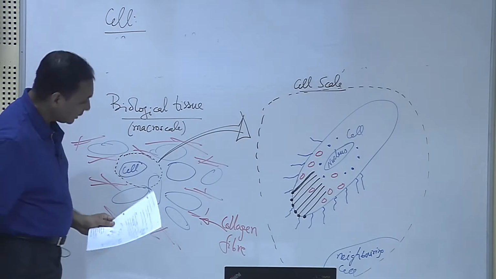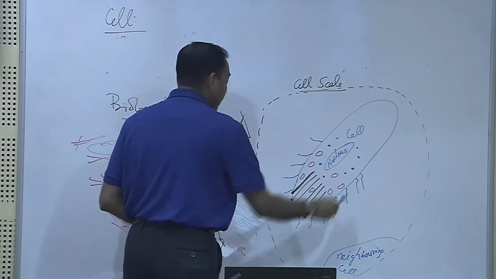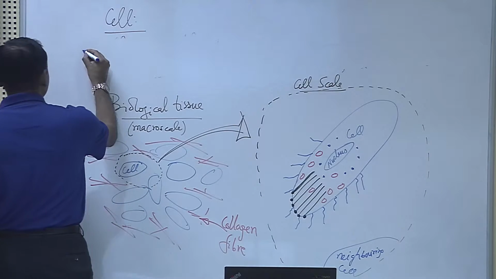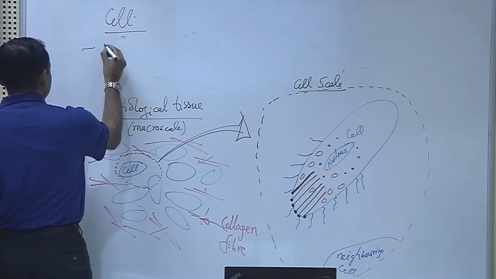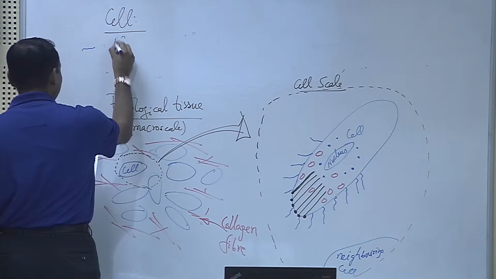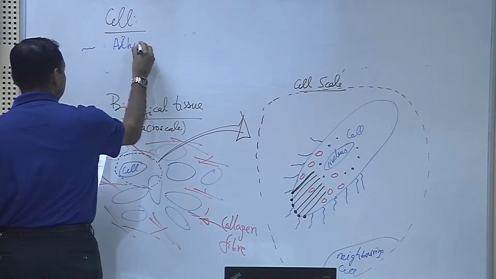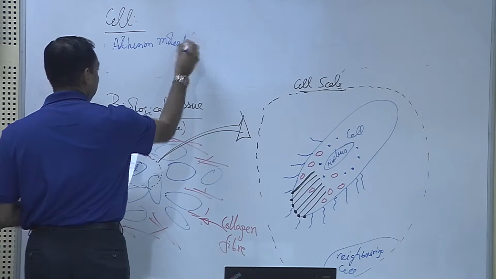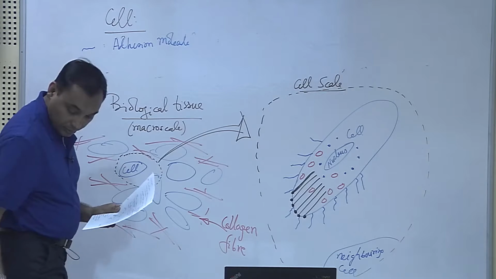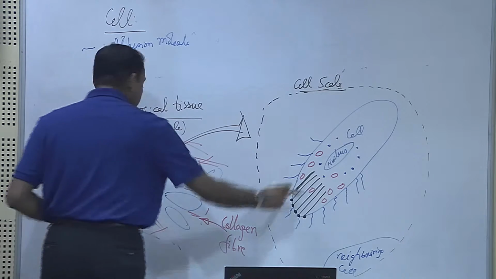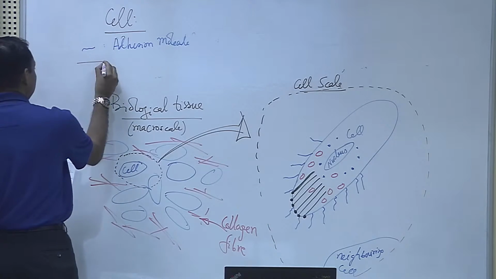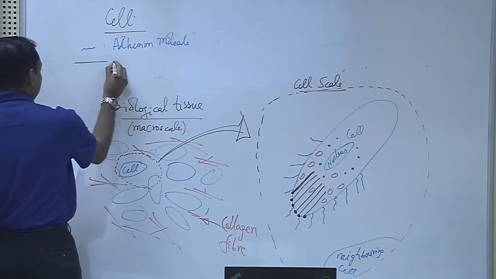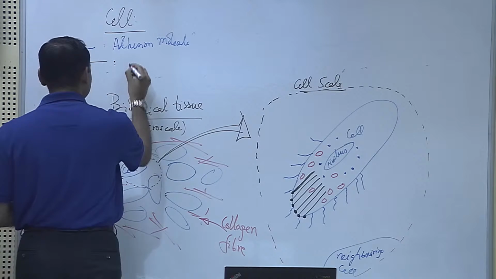This wiggly kind of thing around the cell wall are adhesion molecules. The black straight lines are actin filaments.